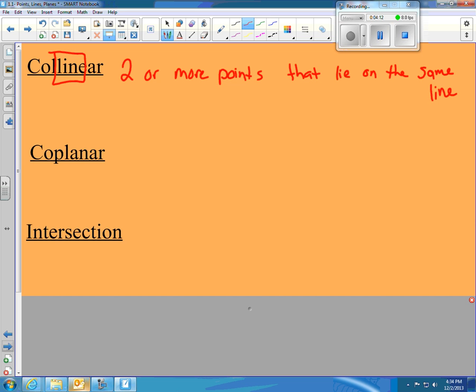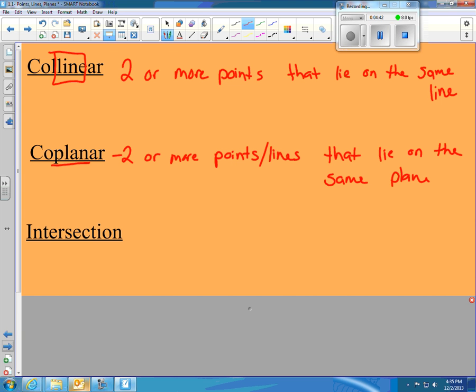Coplanar is 2 or more points or lines, or a combination of them, that lie on the same plane. Here the word plane isn't in coplanar, but it's very close. We have plan, which is close enough.